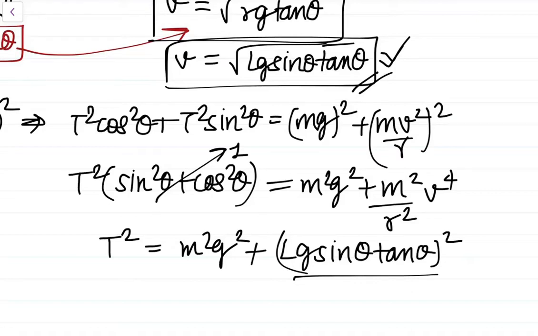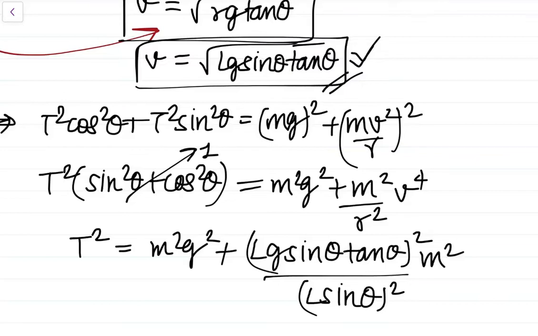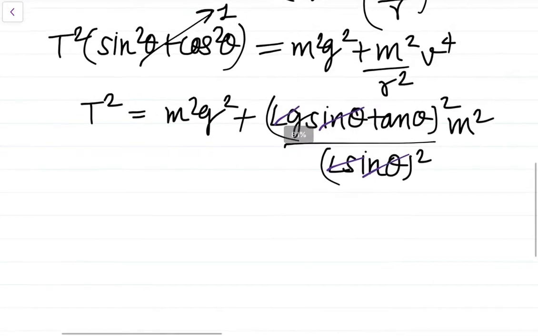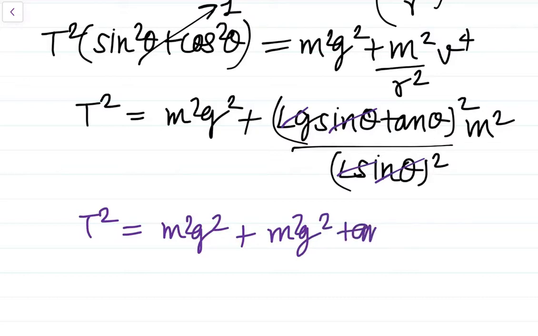R was L sin theta, so we can write it as (L sin theta) whole squared, and obviously m squared will come here. So as you can see here, L sin theta and L sin theta will get cancelled out. So what will remain? T squared is equal to m squared g squared plus here also m squared g squared, but an additional tan squared theta will come.